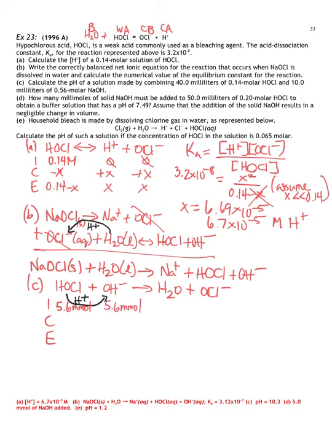I don't even care about what I have of the water because it's not going to impact my equilibrium or my neutralization reaction. But I do not have any of my products.